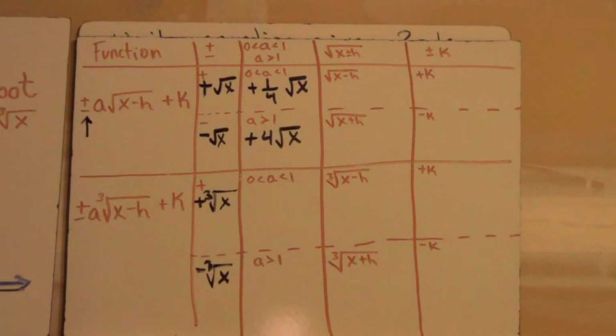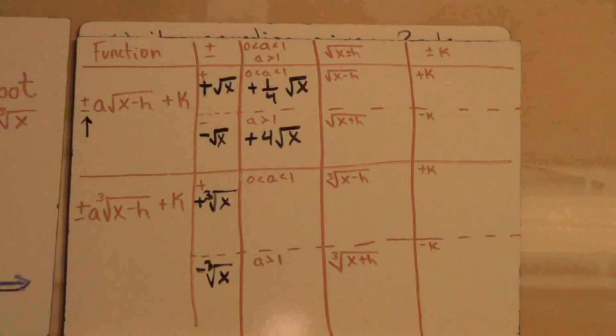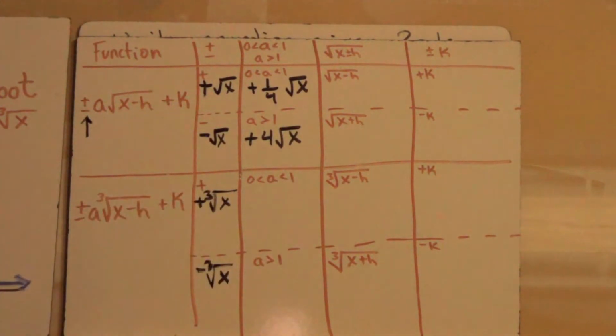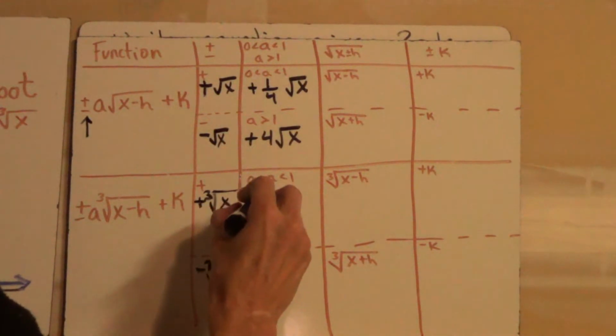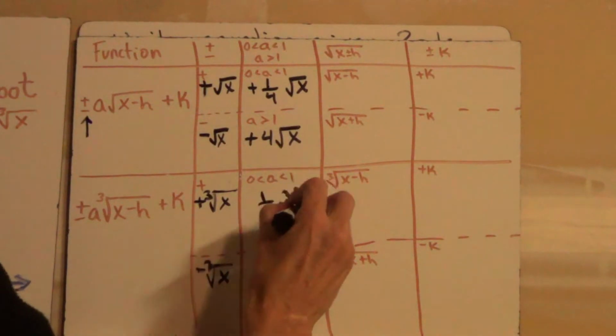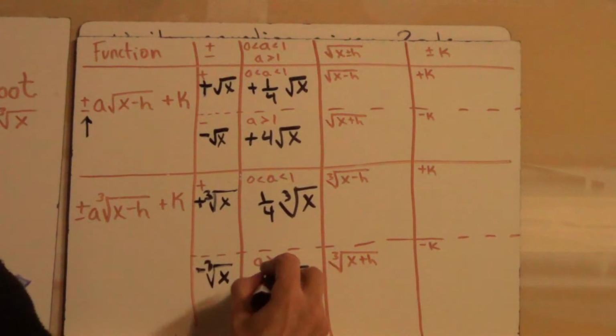Those would be pretty drastic differences. Then you might play around with it and see what it would be if it was a negative on each of them. You should be able to guess after seeing this. Same thing down here, a 1/4 cube root x and a 4 cube root x.